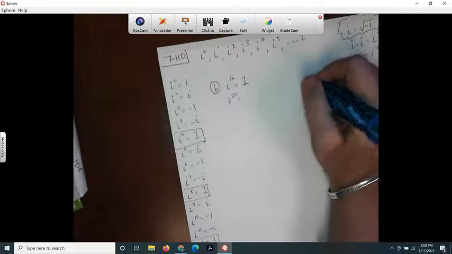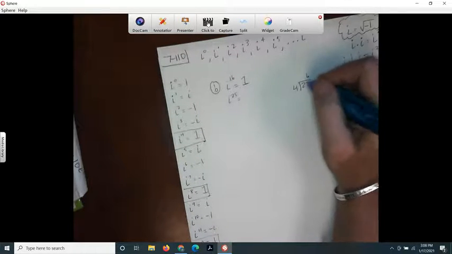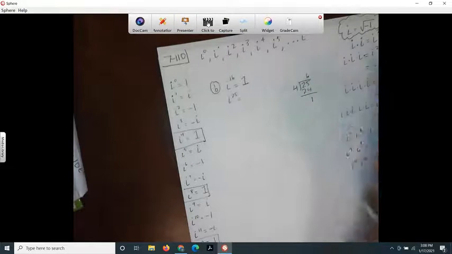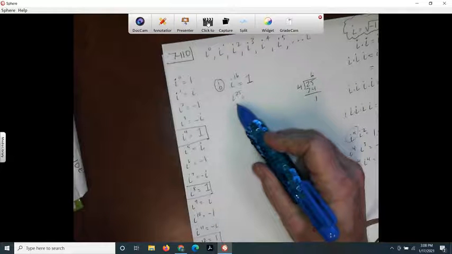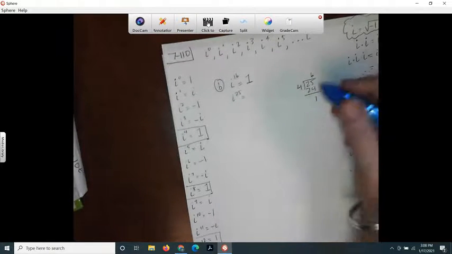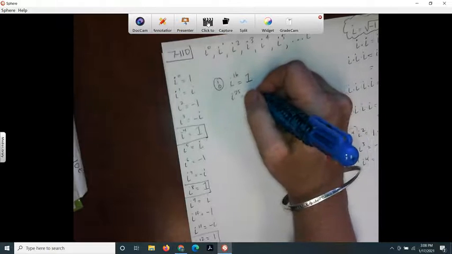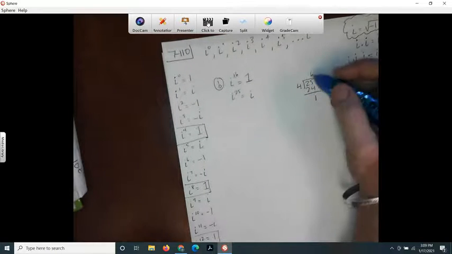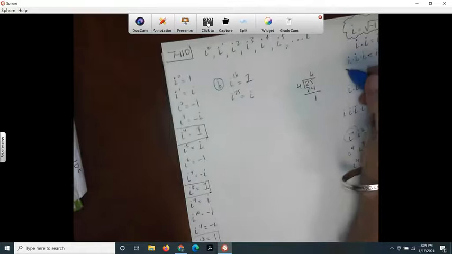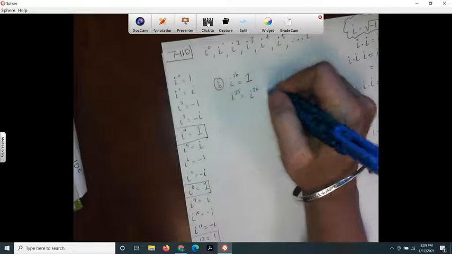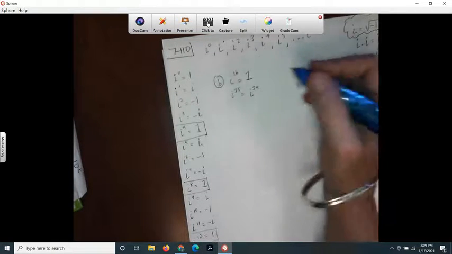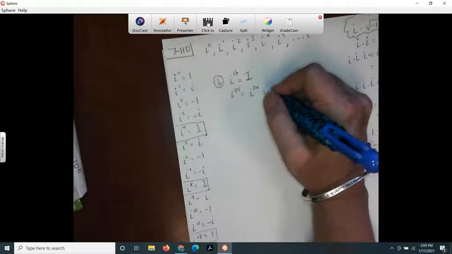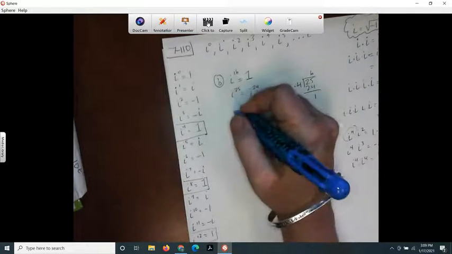Because you can rewrite this as i to the 24th times i, because 24 is a multiple of 4. So really, i to the 24th is just 1, so you're just going to be equal to i right here.